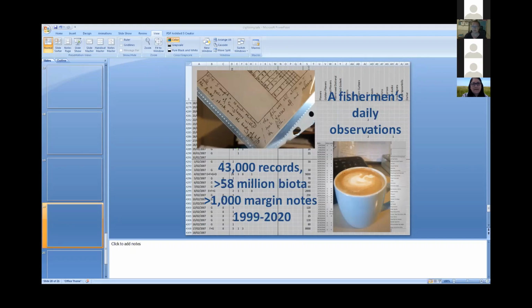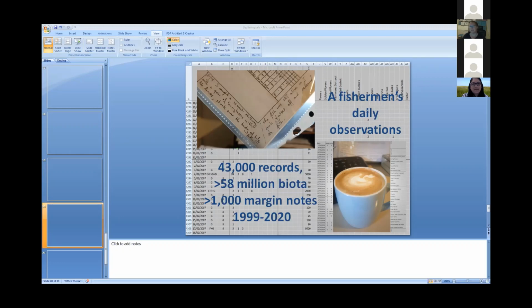It's 42,000 records, within which he's recorded 58 million biota, so 58 million birds, fish, algae, things like that, and over 1,000 margin notes. So this one is quite entertaining. He talks about catching a mulloway which had a pair of sunglasses stuck over it, which he removed. But often it's records of really, really rare animals that have come through.